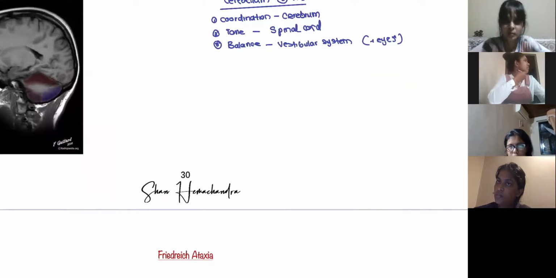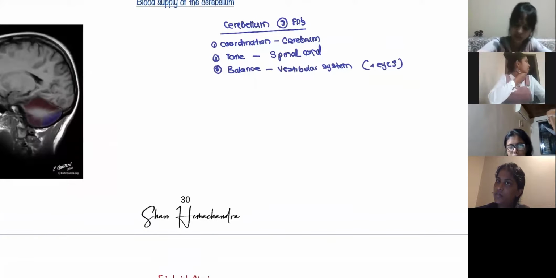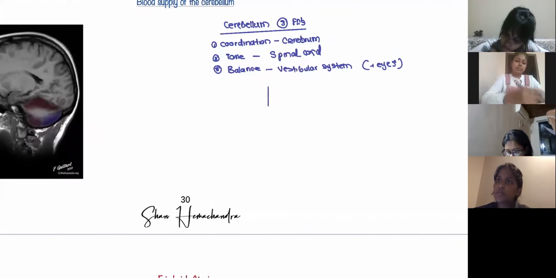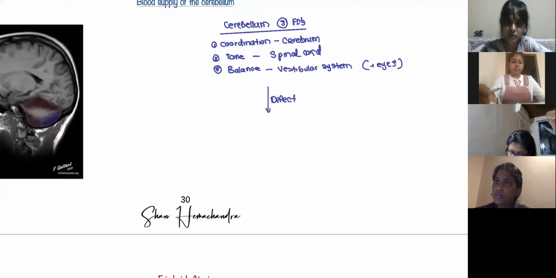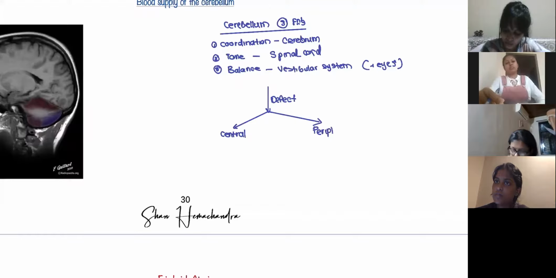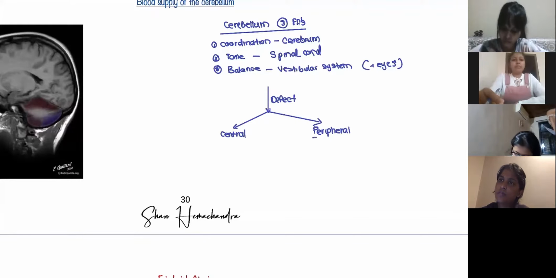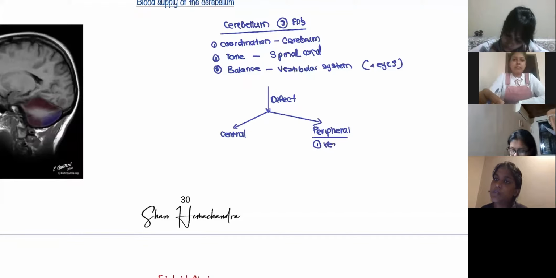Now, the next thing, first, cerebellum has 3 functions. If there is a defect in either the central system or the peripheral system. So what are the peripheral systems? One is the vestibular system.